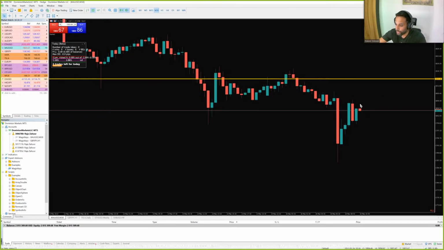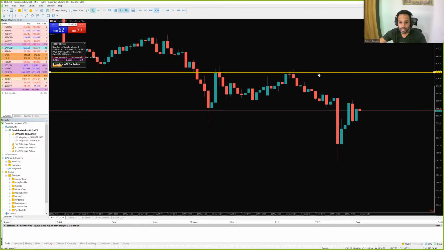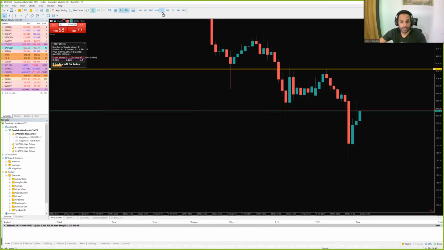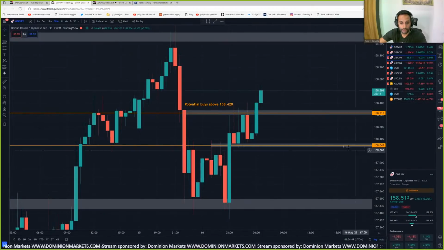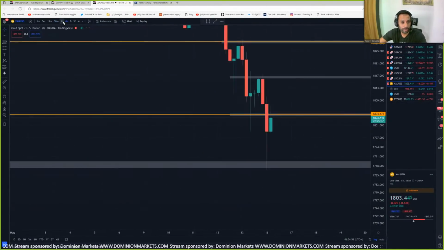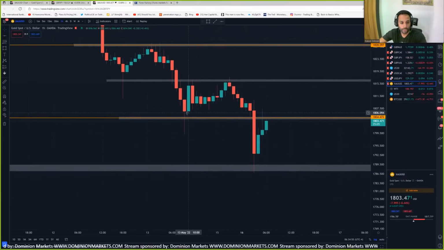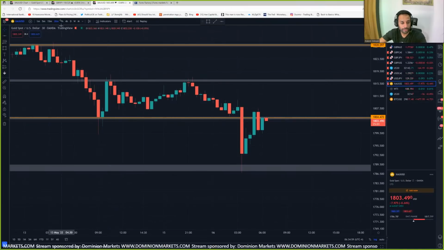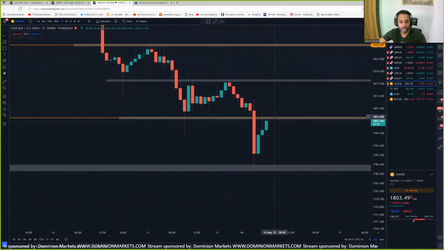Why are you waiting for 1804 to break? Wouldn't 1809 be cleaner? 1809, let's see here. 1804. Where did I mention 1804? Oh, this one. This is based on the 1 hour time frame. So this was based off of this zone here to the left hand side on the 30-minute. So I'm just waiting to see how the 1 hour candle is going to close.